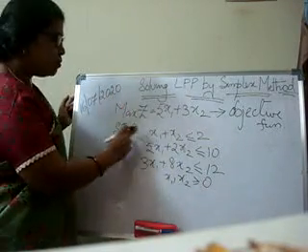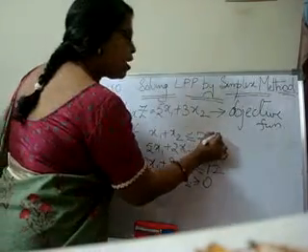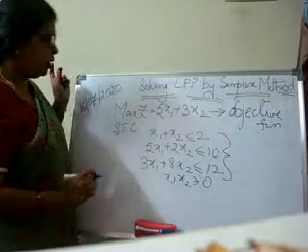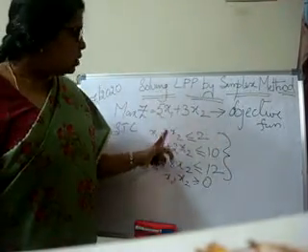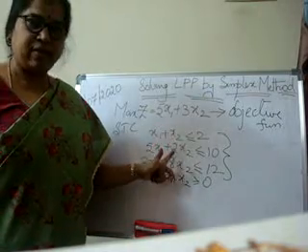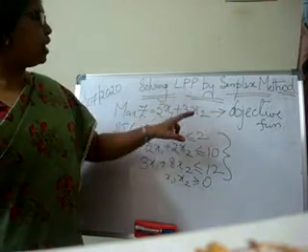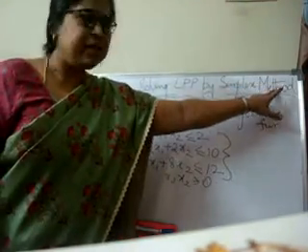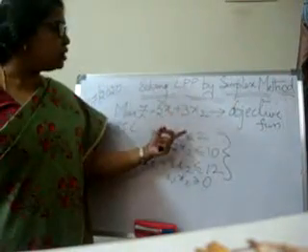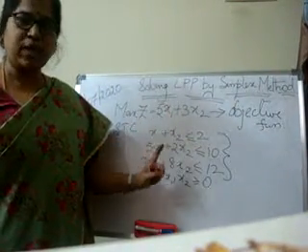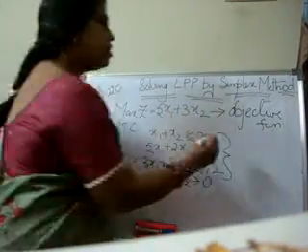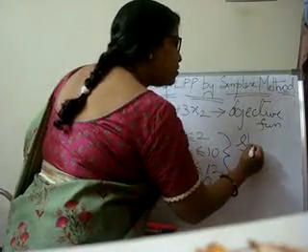Now in the problem, these subject to constraints are the inequations which are given. To solve the LPP by using simplex method, we have to convert all these inequations into equations by adding slack and surplus variables.